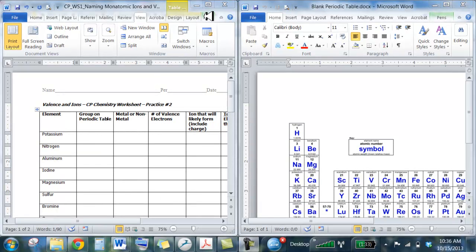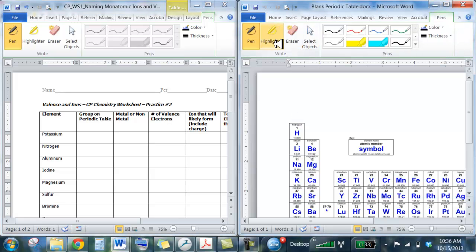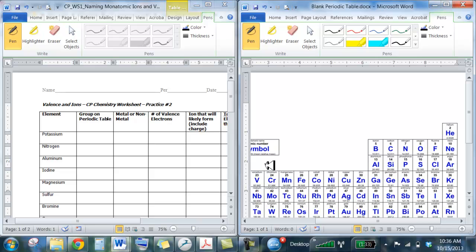So the first thing that we need is the group on the periodic table. If you remember, you've got your group numbers right across the top. So this is 1, 2, and then we skip the transition metals. We don't need to worry about those right now. Those will come later.